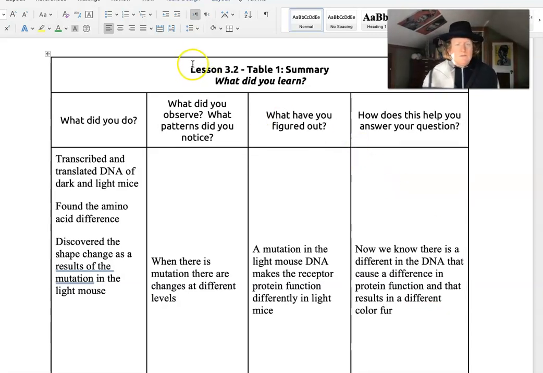Okay, so that's a good start on the lesson 3.2, table 1, the summary table.